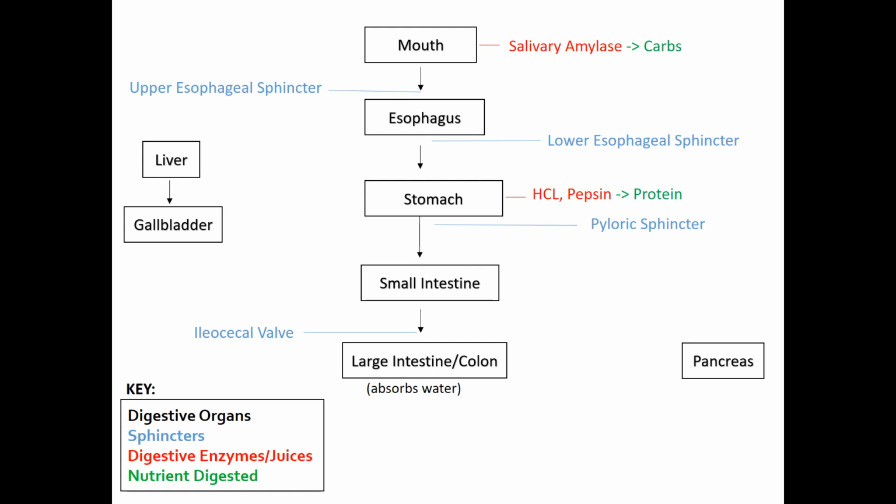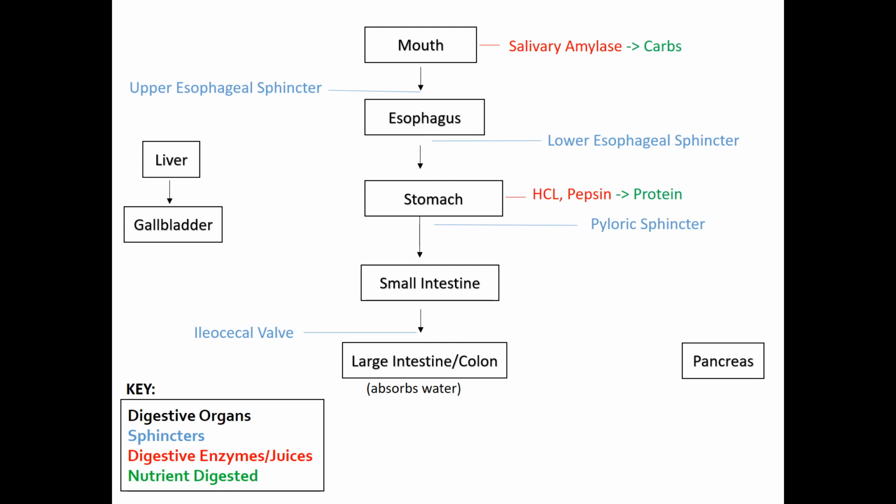You'll notice that even though carbohydrates began their digestion in the mouth, I don't have carbohydrates listed next to the stomach, and that's because there is actually a pause of carbohydrate digestion when we reach the stomach. The reason for that is because the enzyme salivary amylase is not able to function when there is acid in the environment. And remember, the stomach has a lot of acid.